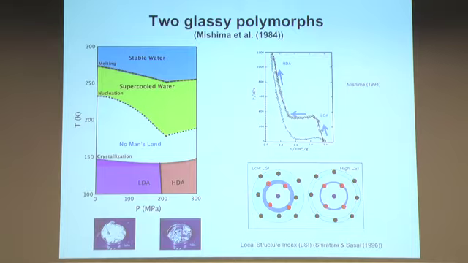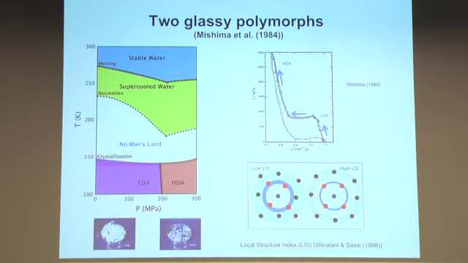It is able to distinguish structures in which these two shells are well defined from structures in which there is more disorder, which occur at high pressure. So this is characterized by a low value of the disorder parameter, and this by a high value.